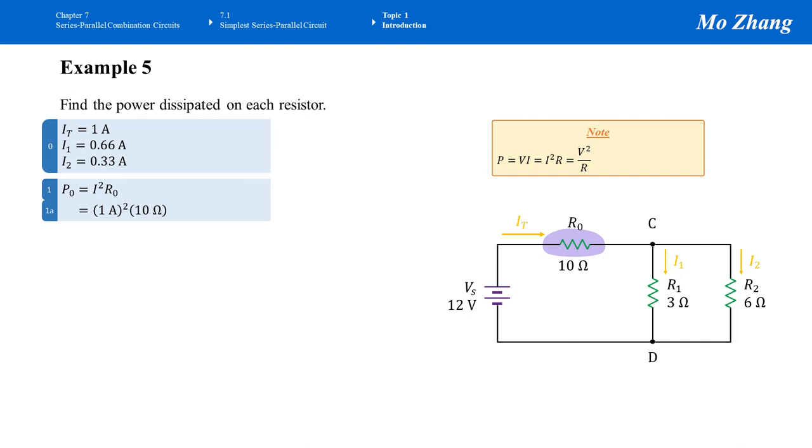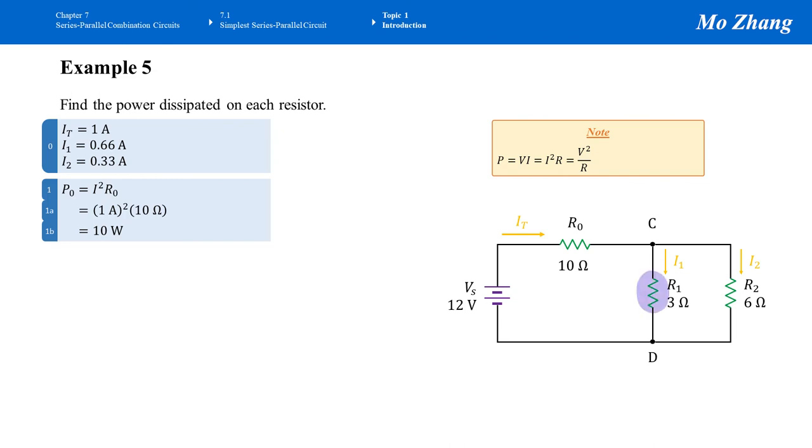The unit for the current is amp, no prefix. The unit for resistance is ohm, no prefix. At the end, the unit for power is watt with no prefix. So 1 squared times 10 is 10 watts.